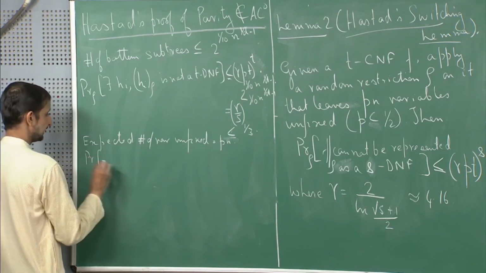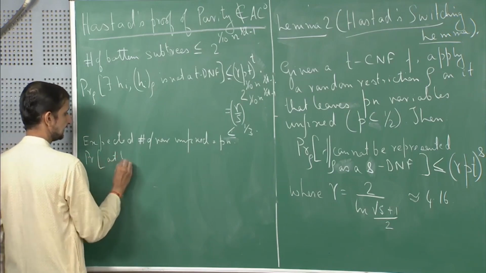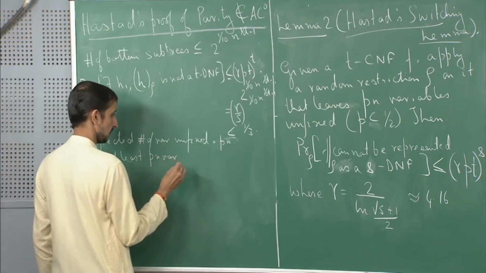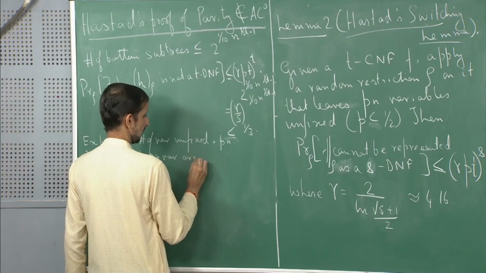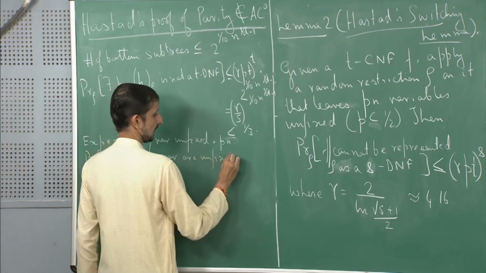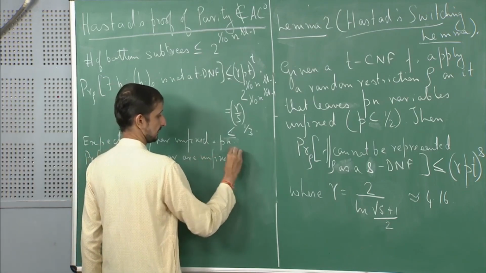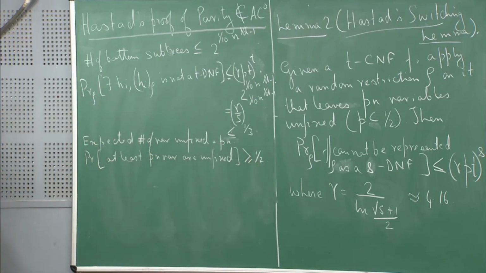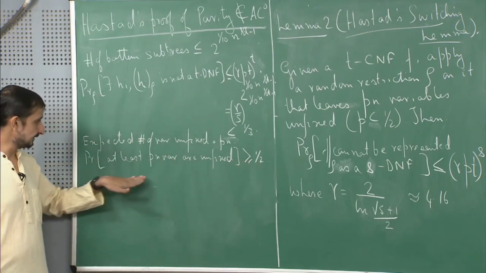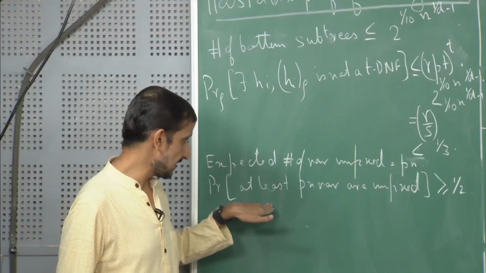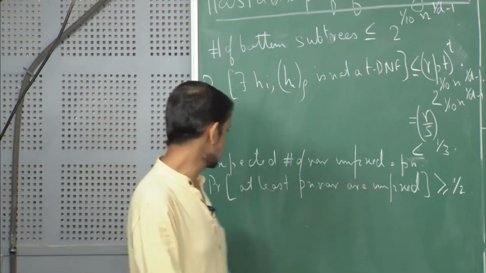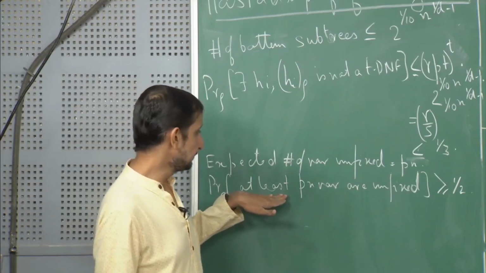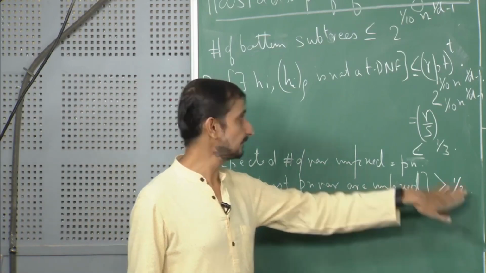Therefore, the probability that at least pn variables are unfixed is greater than or equal to half. Okay. So, now we have that by our choice of rho, the probability that at least pn variables are unfixed is half.